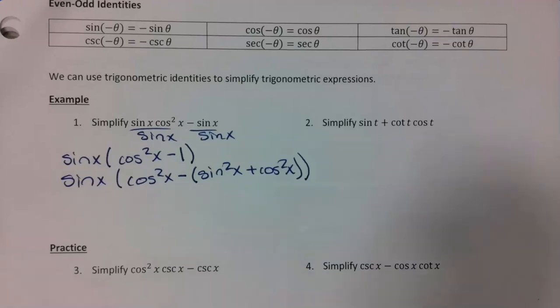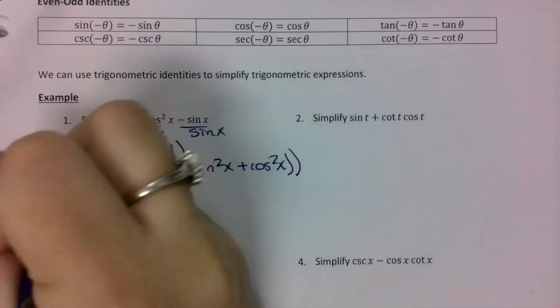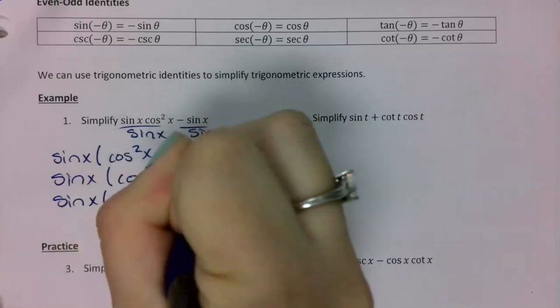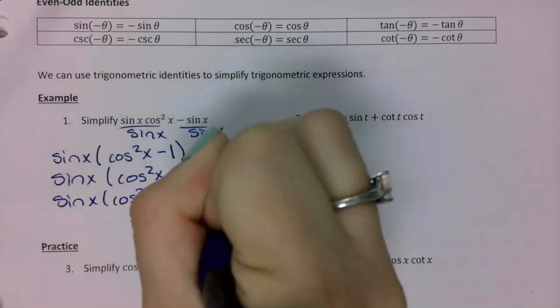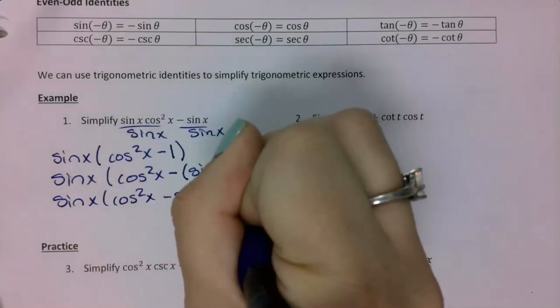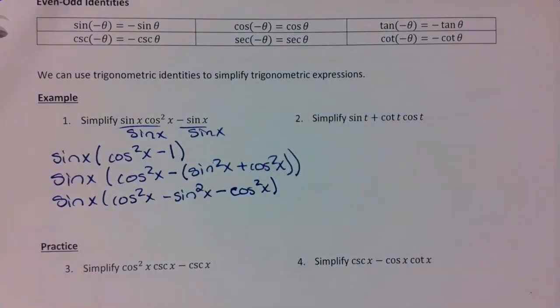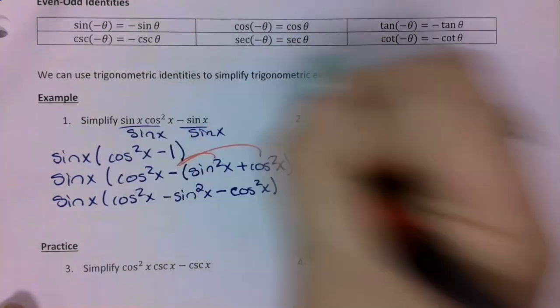Okay, so then I'm going to go ahead and distribute that negative. So I gave it to both the sine and the cosine squared.